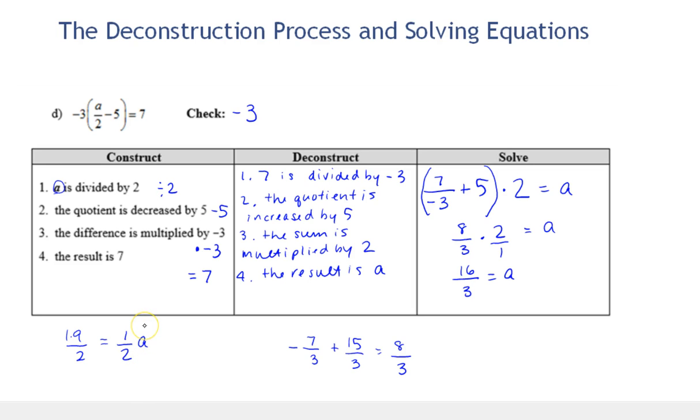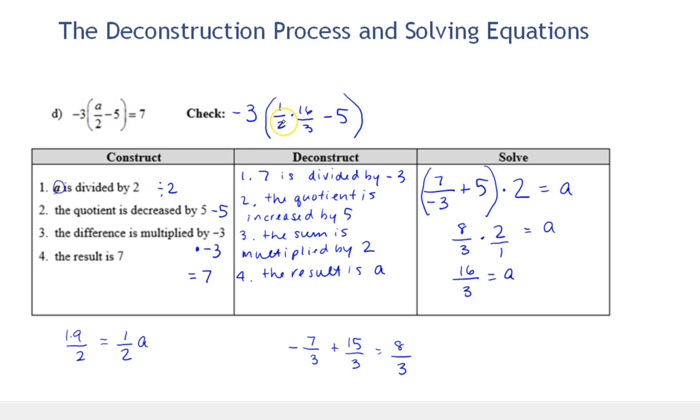So I am going to write negative 3, and instead of putting that fraction in a fraction, I'm going to do 1/2 times A, 16/3 minus 5. And now we're going to compute.